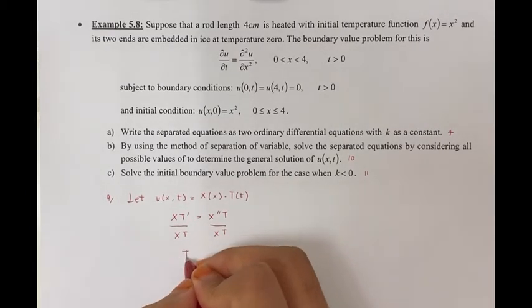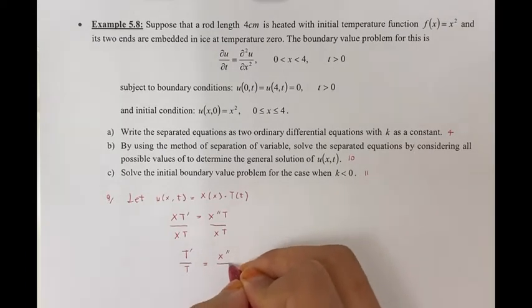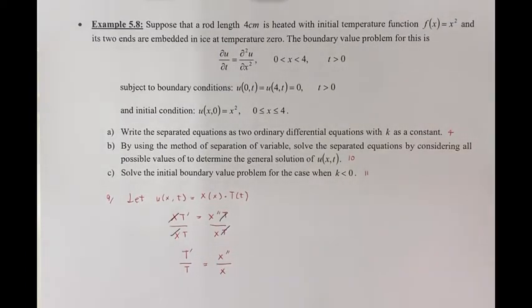You have T prime divided by T equal to X double prime divided by X. Separated equation: the two ODEs are T prime minus K T equal to 0 and X double prime minus K X equal to 0. This is for A.